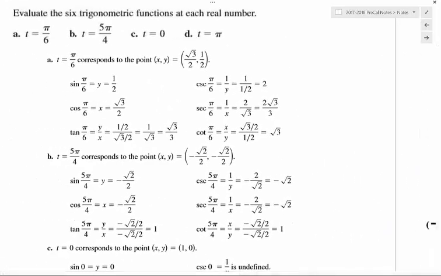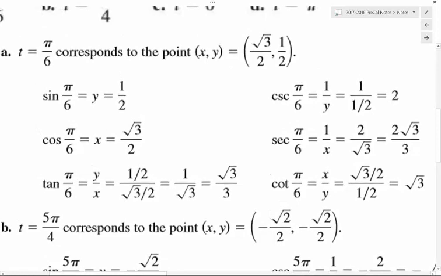So, my trig functions, the sine is simply the y value, so it's 1/2. The cosine is the x value, so it's square root of 3 over 2. The tangent will be the sine over the cosine, the y over the x, so 1/2 over square root of 3 over 2, which gives me 1 over the square root of 3, which is square root of 3 over 3.